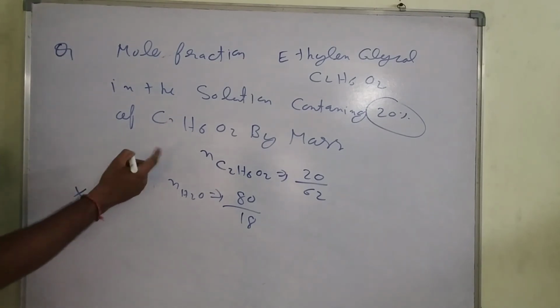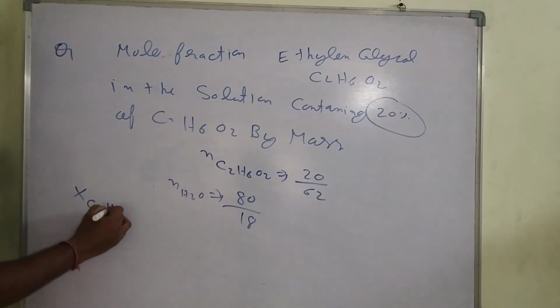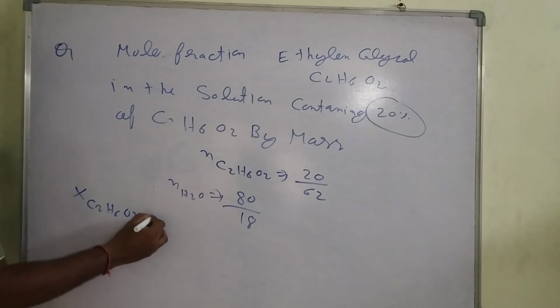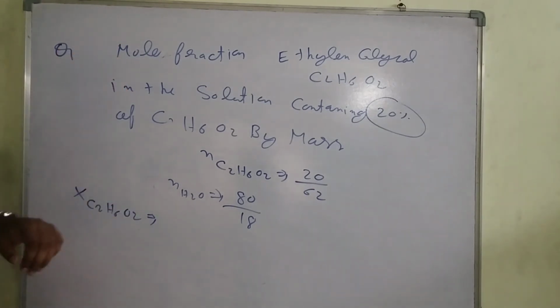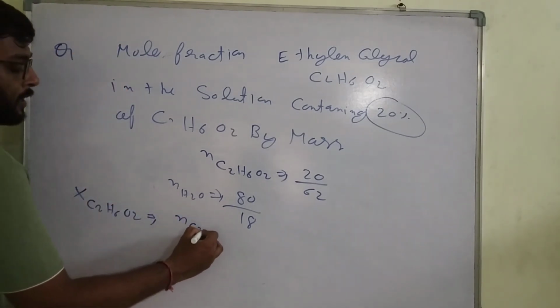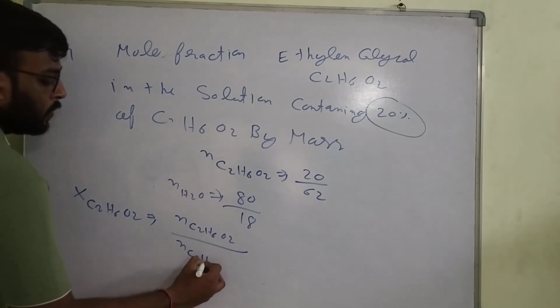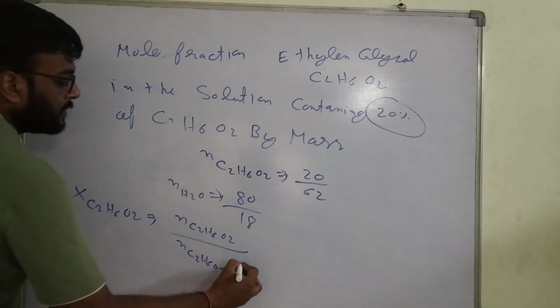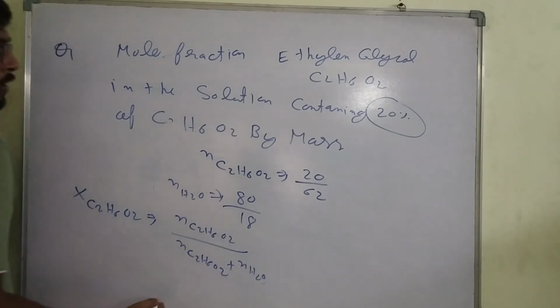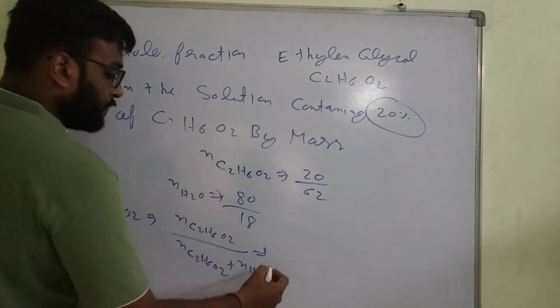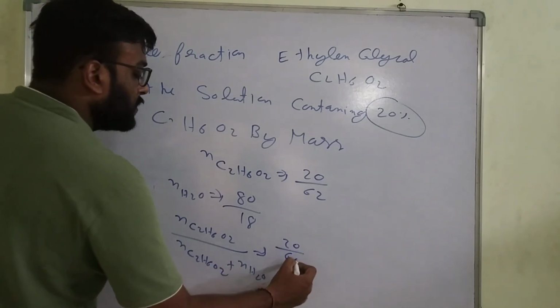The mole fraction of C2H6O2 is given moles upon total moles: n of C2H6O2 upon n of C2H6O2 plus n of H2O. The value of n here is 20/62.